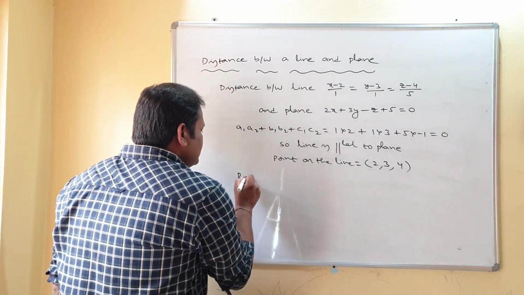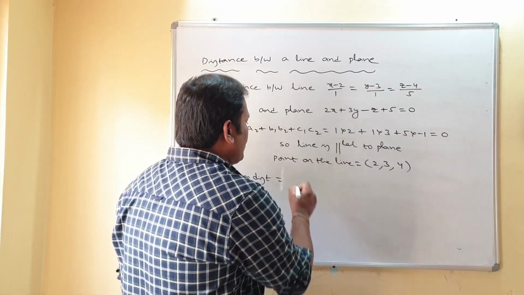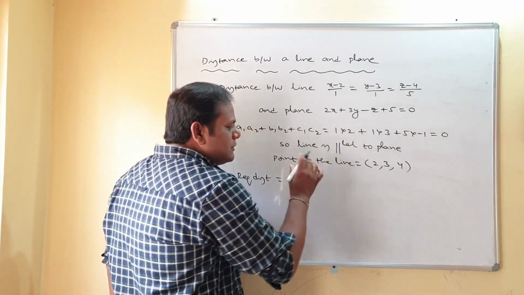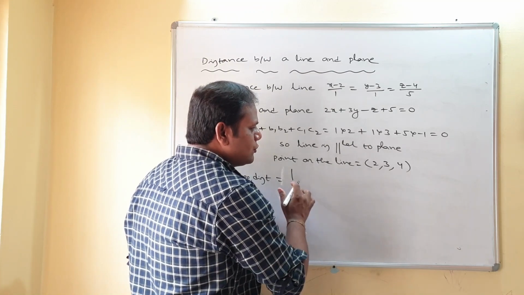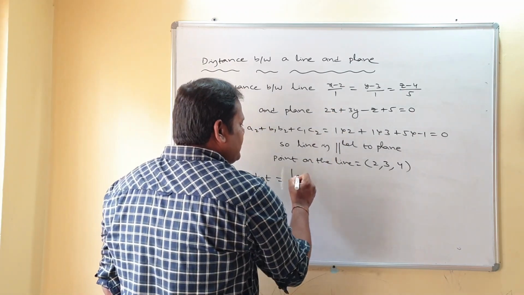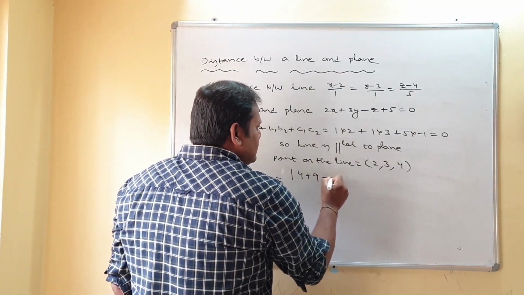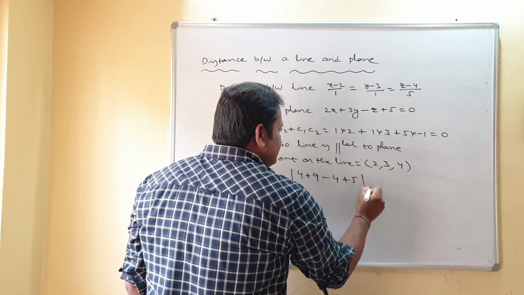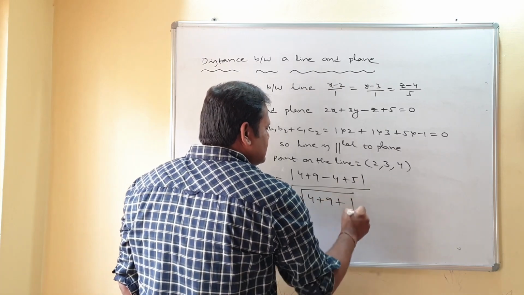So now the required distance. How to find perpendicular distance from a point to a plane? Mod of a x1 plus b y1 plus c z1 plus d, by root over a square plus b square plus c square. Put this point in the plane: 4, 9 minus 4 plus 5 by root over a square plus b square plus c square.